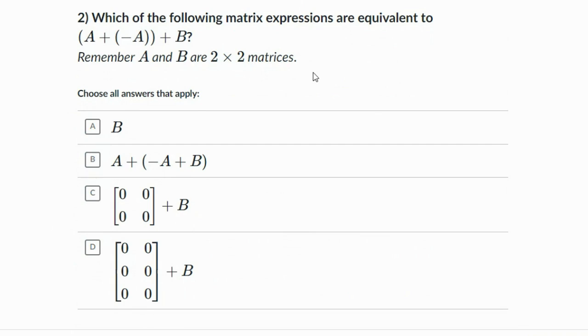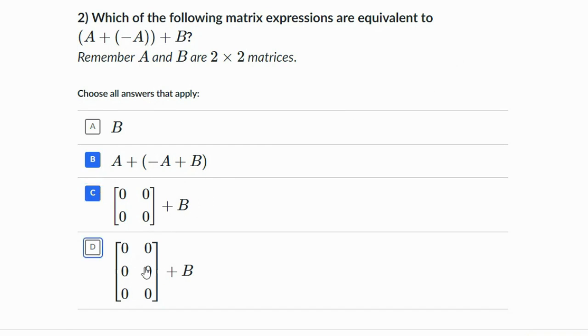Is that a little tricky? Jonathan says, well, that'd be the same as this because we just move the negative A and add it to the B first, and then add it. So that should be the same. And A plus negative A, well, that's the 2 by 2 zero matrix. So it could be C.